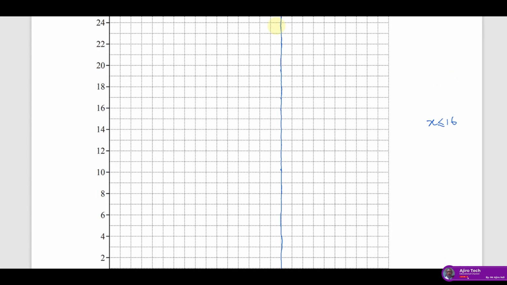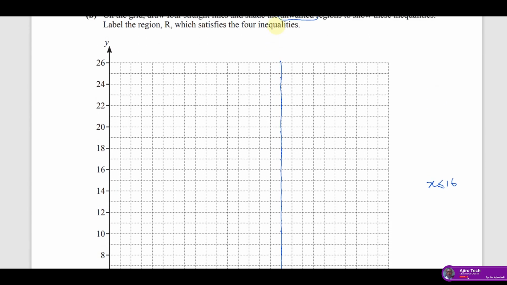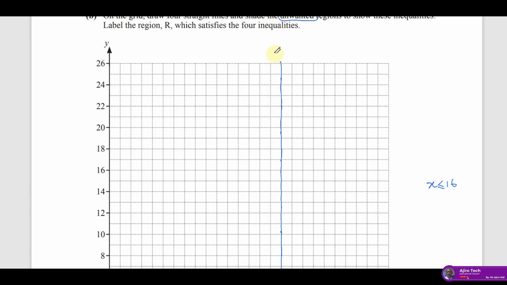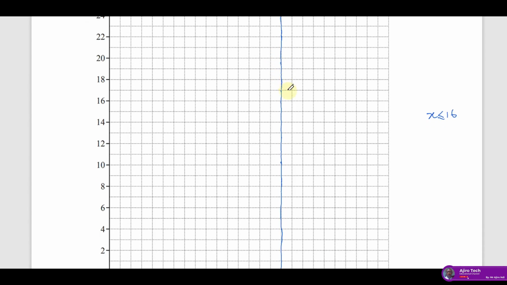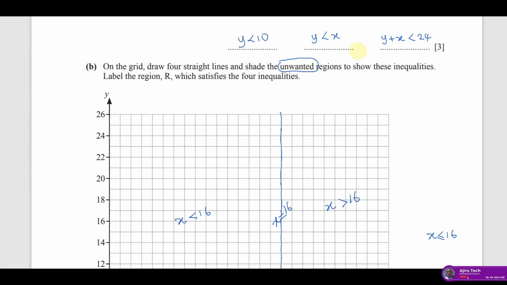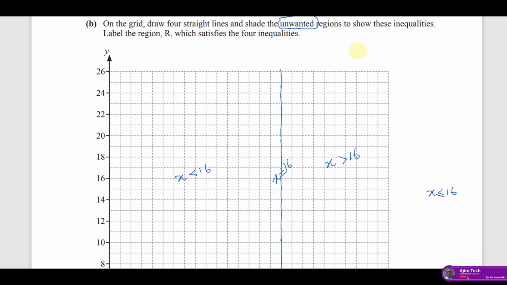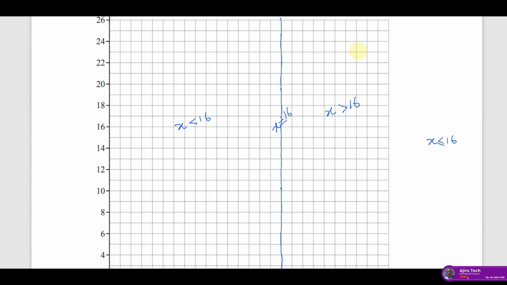So you have done that first one. That is the line for x. This line itself is x equal to 16. On the left you have x less than 16. On the right you have x greater than 16. But what do we need? Do we need the region of x less than 16 or less than or equal to 16?